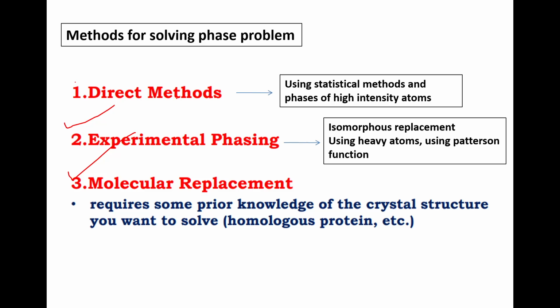Then they came to this technique of experimental phasing. They found that the amount of scattering and the intensities depend on the number of electrons an atom consists of, and how these electrons are resonating with the X-ray photons falling on the crystals.